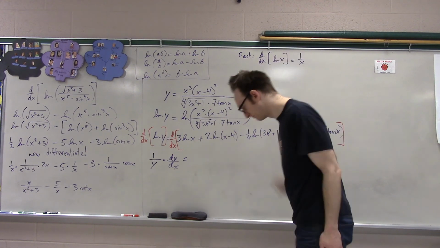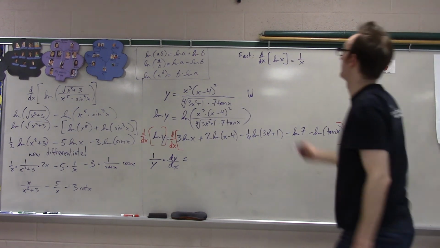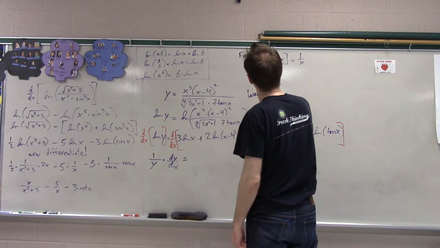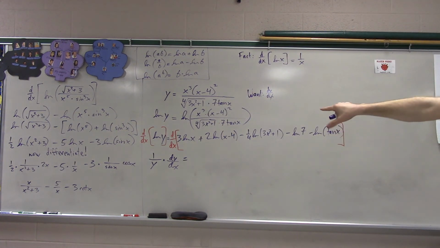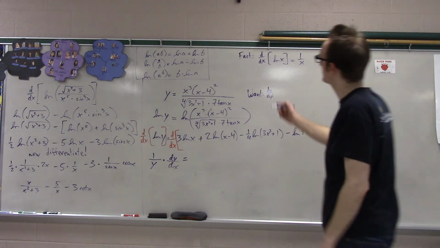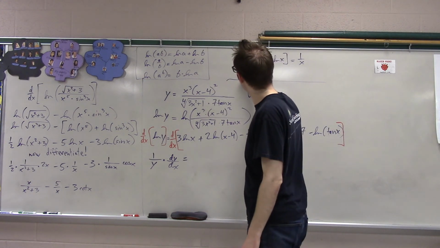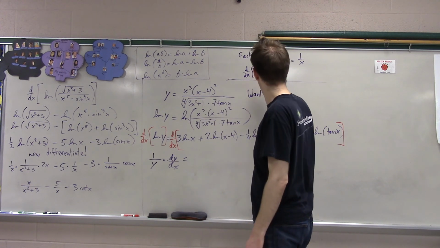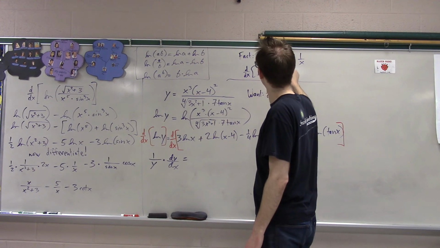The whole goal of this problem was to differentiate. So that's what I want. What I want is dy dx. My experience is that people find this kind of weird. So just keep in mind, suppose someone just asked me to differentiate the ln of, I don't know, sine of x, for example.